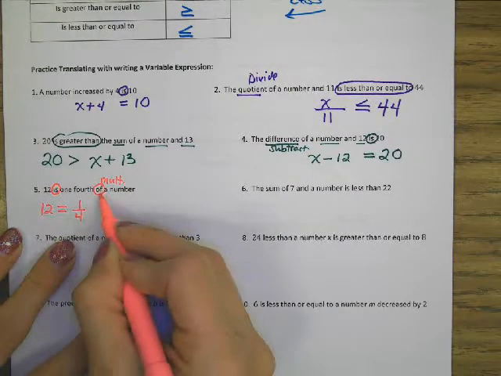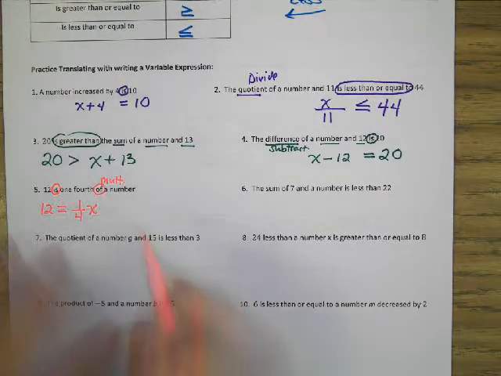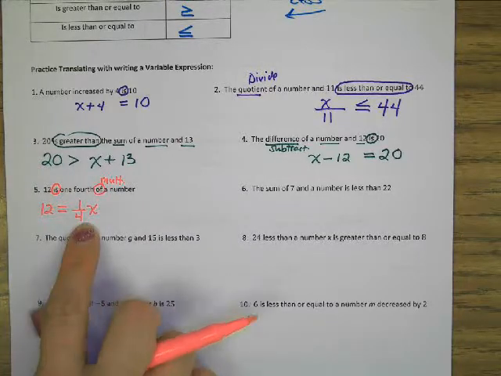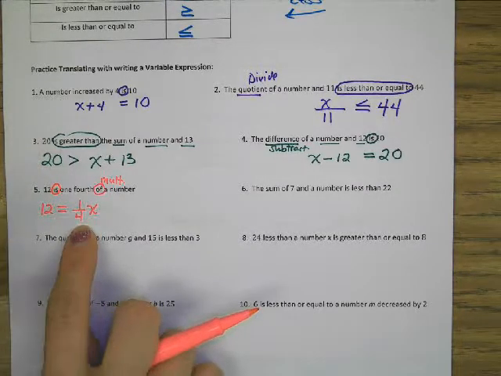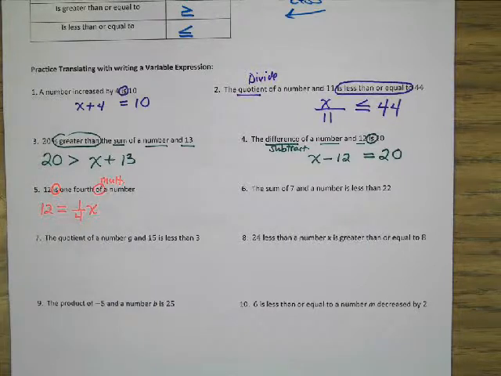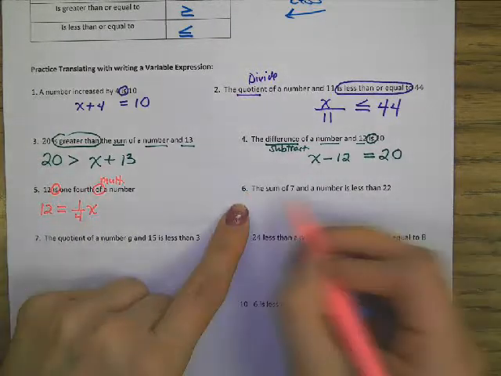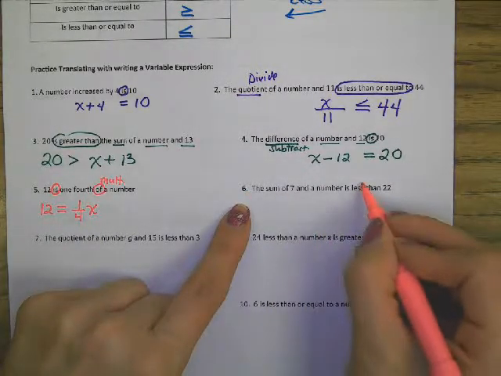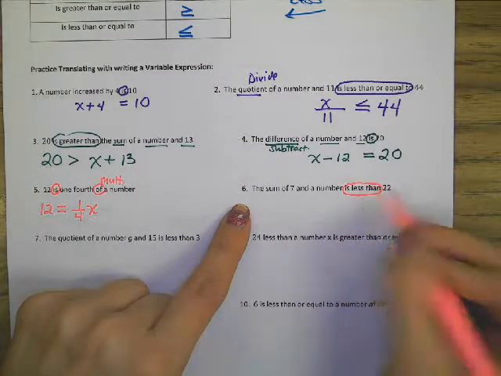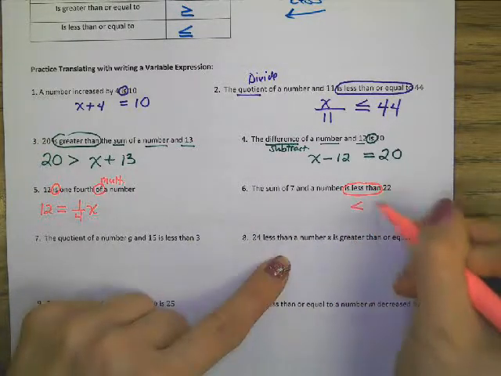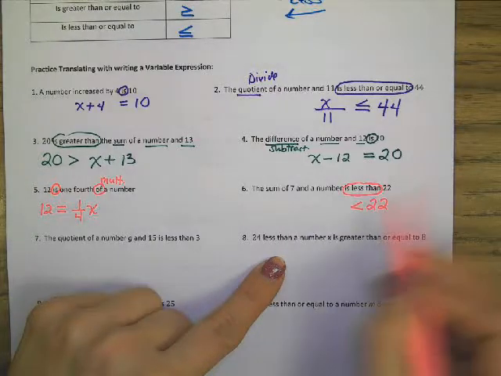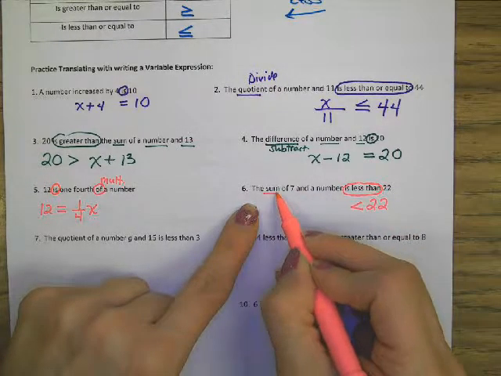Okay, number 6. Let's look for the word is. Is less than 22. Okay, over here, the sum of a number of 7 and a number. So that's going to be 7 plus x. Number 7: is less than.